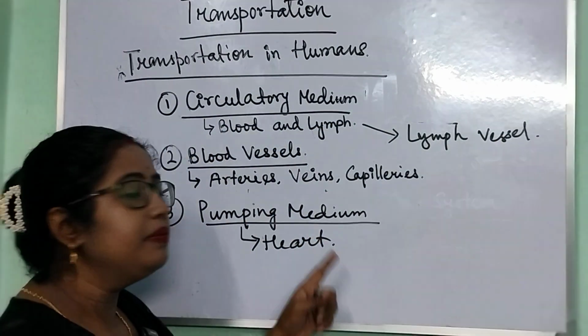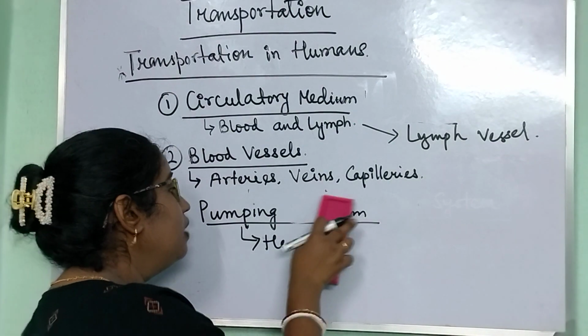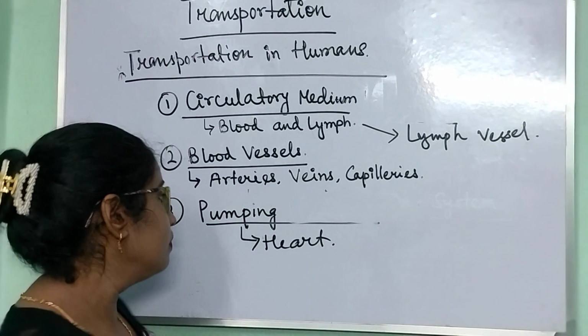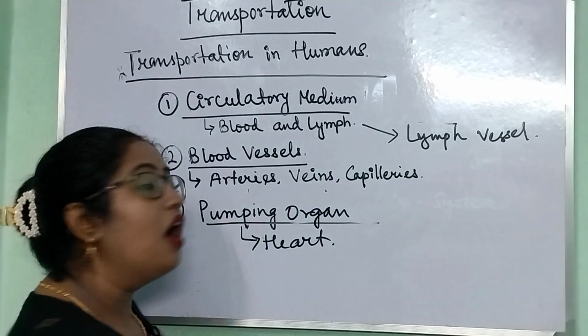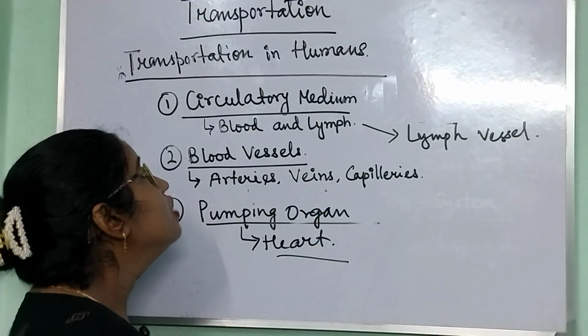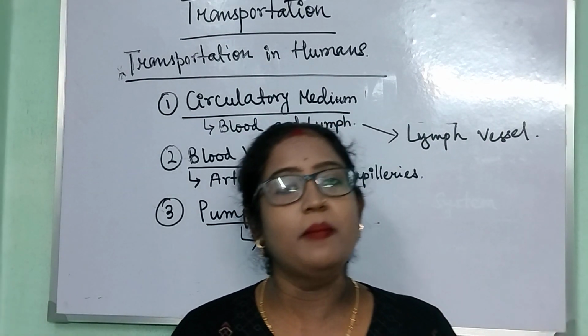Next is the pumping organ, which is the heart in our body. So the human circulatory system has three parts.